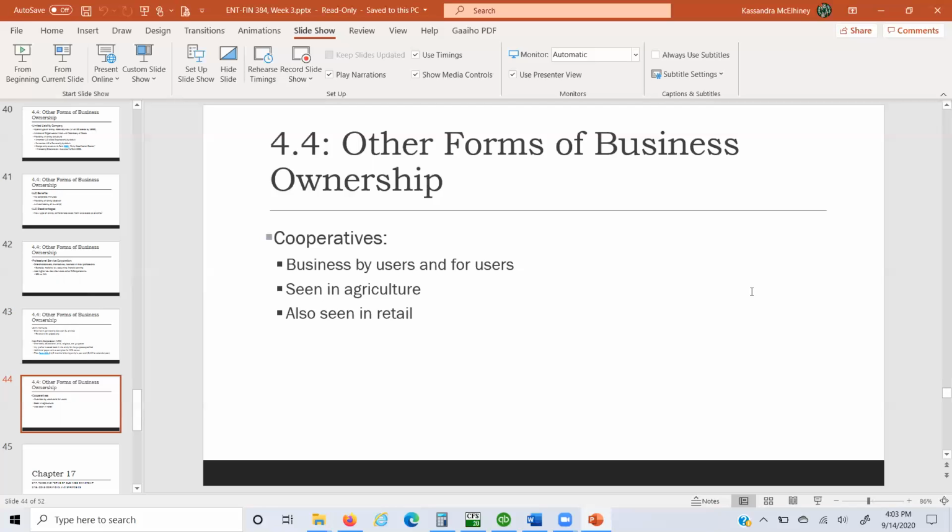So you have an agricultural co-op that's an entity owned by some of the farmers in the area, which owns a business that does the drying and storing and warehousing of the grain. They not only get their income out of the cooperative, but they also get dividends, patronage dividends, and that's called a 1099-PATR, which is the form that's issued there. And we're also seeing cooperatives in terms of retail, like cooperative buying clubs.